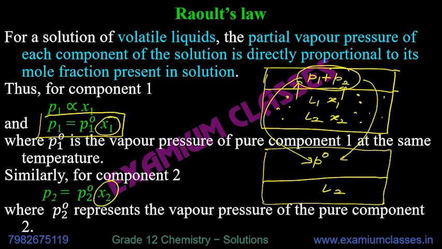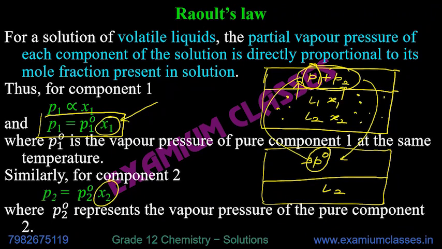The mole fraction of the vapors of liquid 2 inside the solution is X2. So Raoult gave a relationship between the pressure exerted by one component in the mixture with its partial pressure when only that liquid is present, by using the mole fraction of that particular vapor in the liquid.